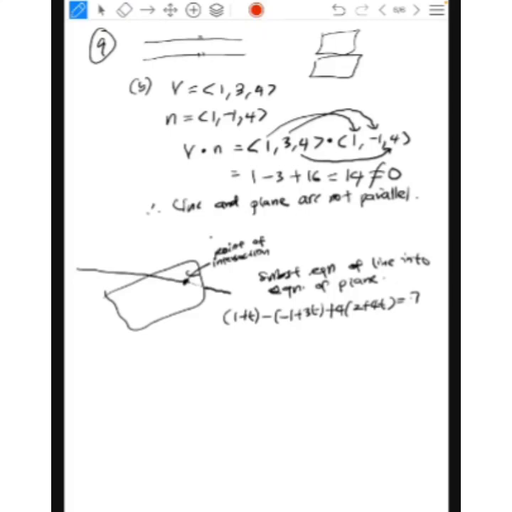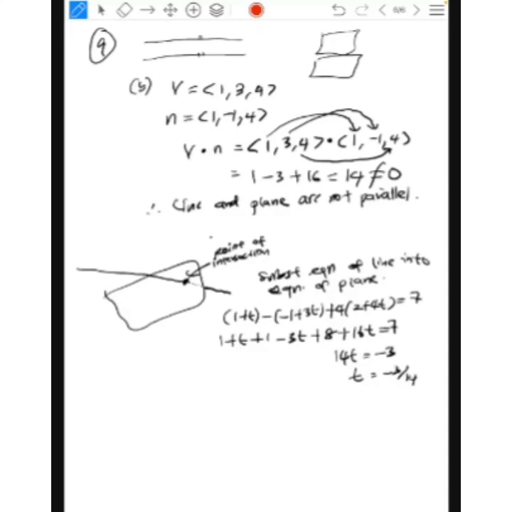You will get 1 tambah t tambah 1 tambah 3t tambah 8 tambah 15t equals 7. Then combine all the t's together, and you get 14t equals, then bring all the constants to the right hand side, and then -3. So t equals -3/14.